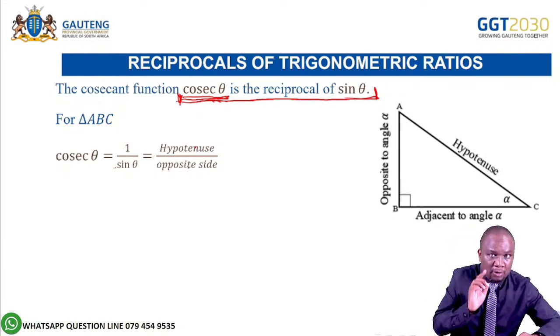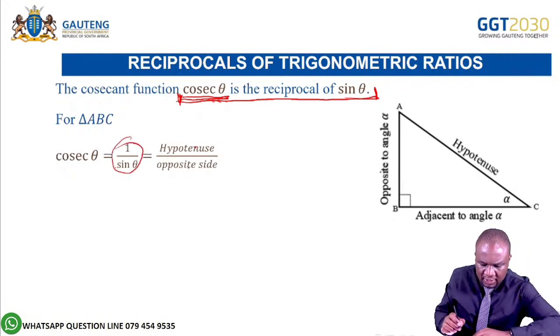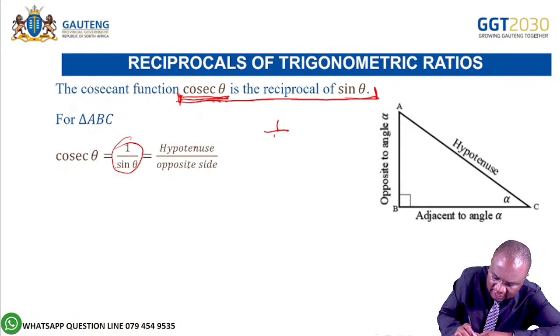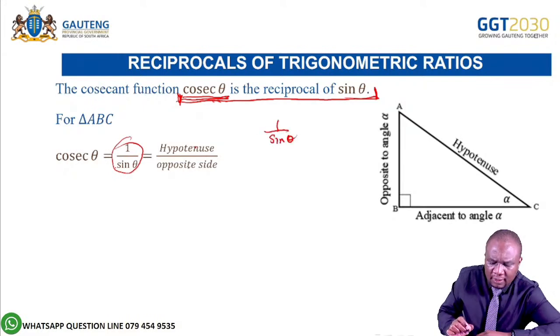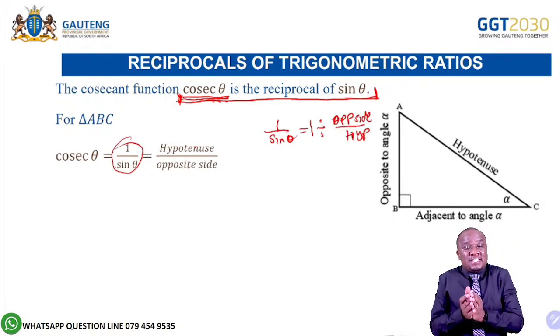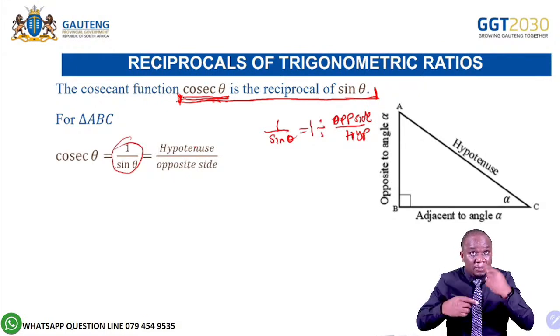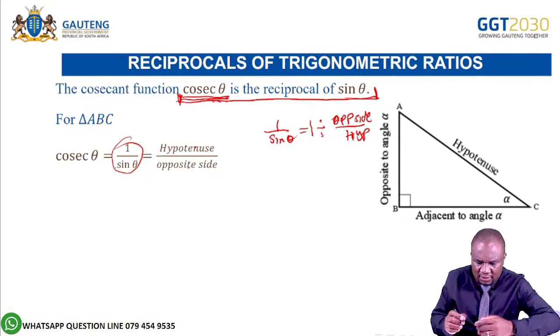Let me just explain using this once, and then the rest we just tell you. It's 1 divided by sine theta, meaning it is 1 divided by opposite side over hypotenuse. And remember, when you're dividing by a fraction, we tip and times.